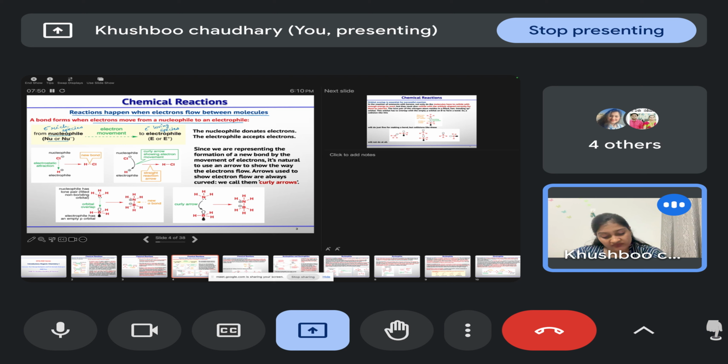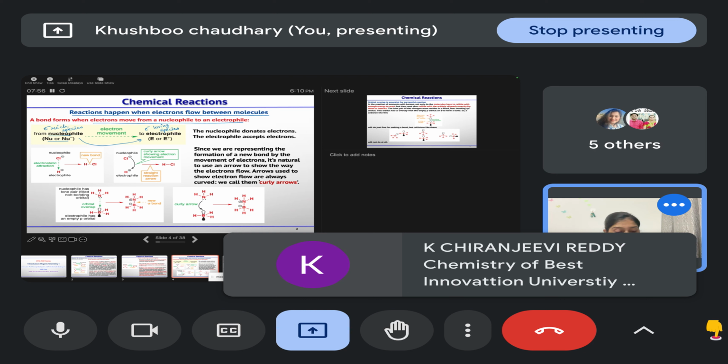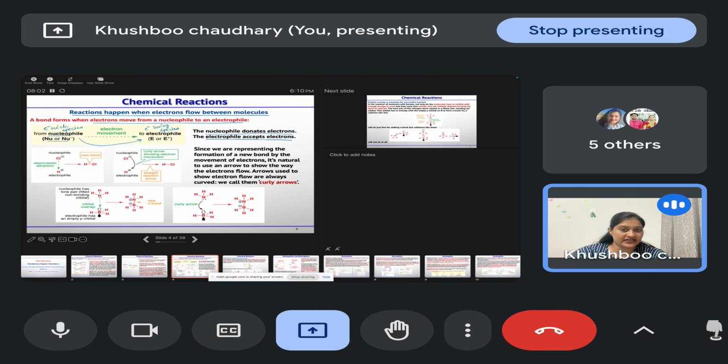So movement of electrons takes place from the nucleophile towards the electrophile. The nucleophile is the species that donates electrons, and the electrophile is the species that accepts electrons. Now, let us consider some examples here.